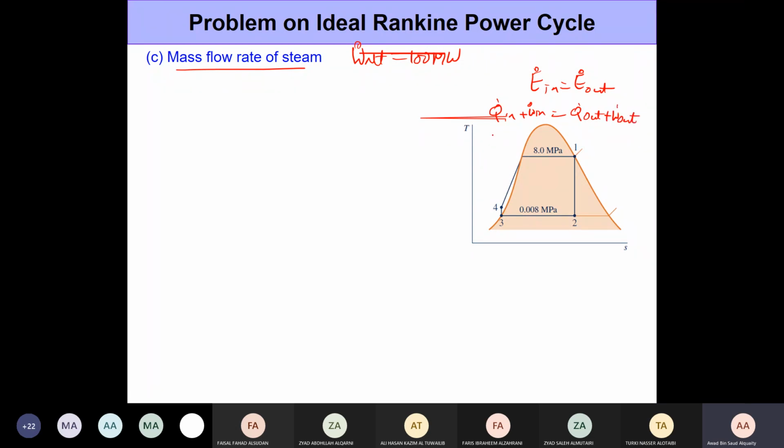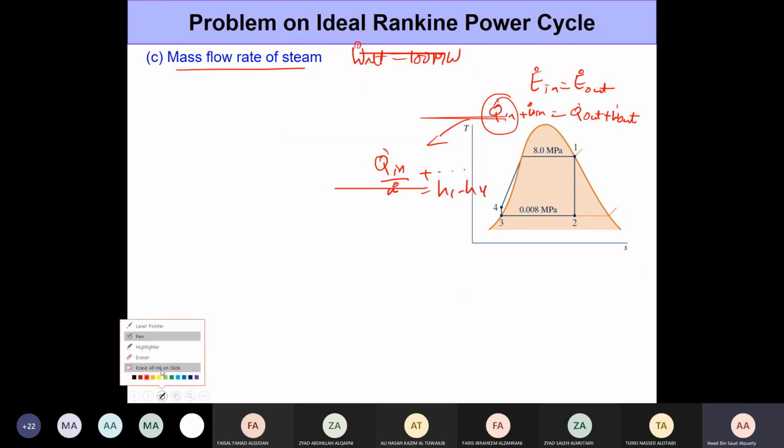And I know all these numbers per unit mass. I just don't know the mass flow rate. I could just write it as q dot n by m dot plus and so on, but we don't have the mass flow rate yet, so we can't exactly find q dot n. We can find q dot n by m because it's simply equal to h1 minus h4. So yes, that's a good idea usually, but here it's not going to take us far.